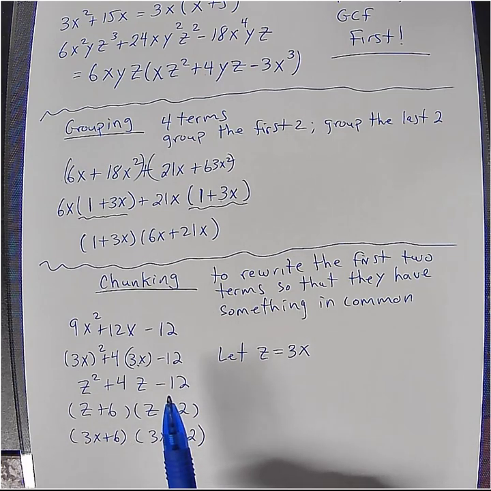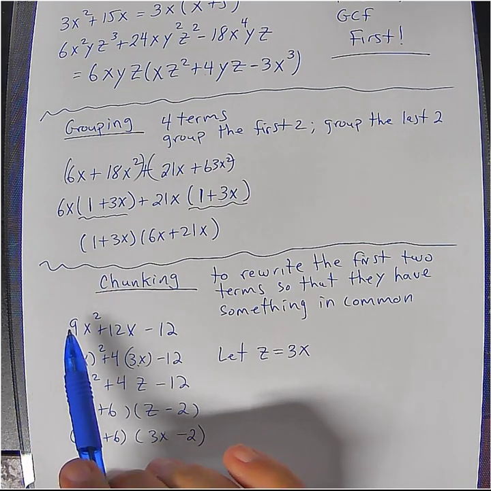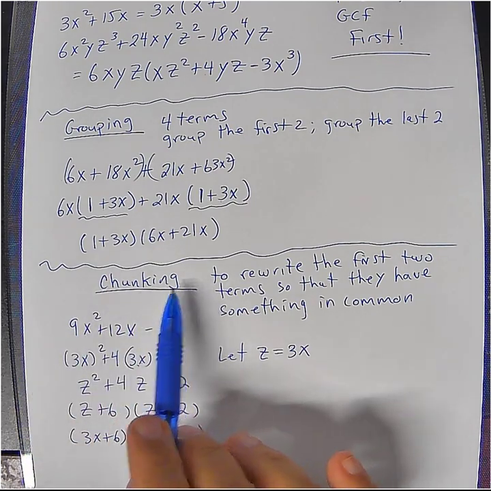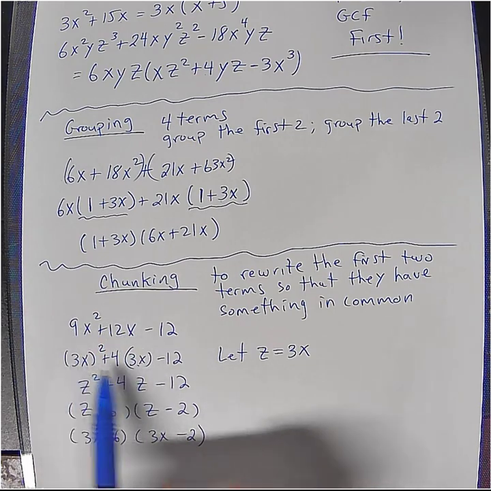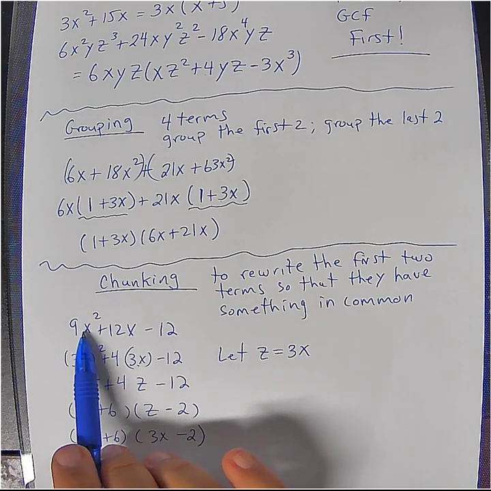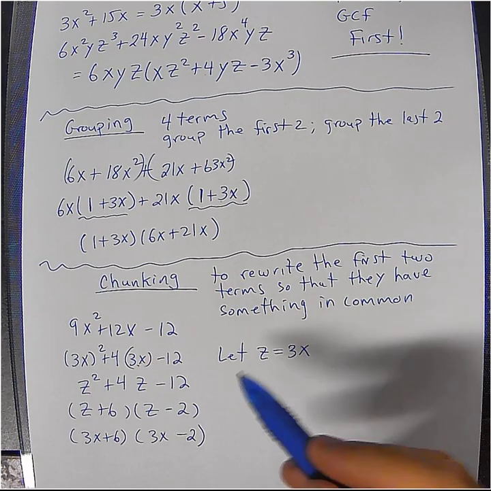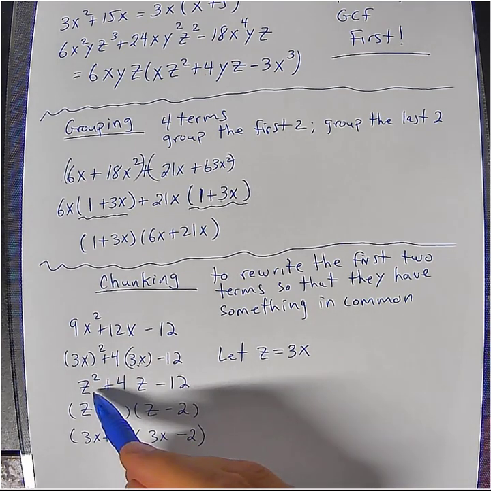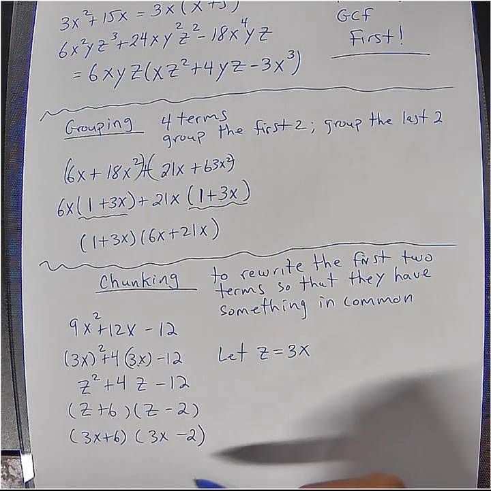So in order to get away from the borrow and pay back, one of the ways is to notice that these two have something in common. To figure that out, you always take the first one and rewrite it as something squared. Then we make our substitution, and then we go when a is 1, and then substitute back in. So that is chunking.